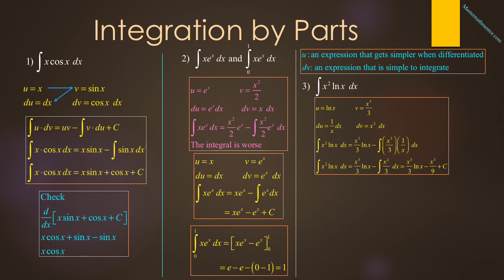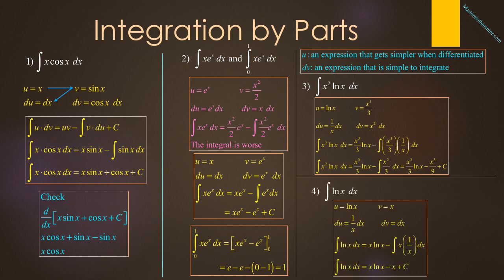So our integral of x squared natural log of x dx is equal to x cubed over 3 natural log of x minus the integral of x cubed over 3 times 1 over x dx. And that integral turns out to be the integral of x squared over 3 dx, which turns out to be x cubed over 9. So our final answer is x cubed over 3 natural log of x minus x cubed over 9 plus c. Verify by taking the derivative.